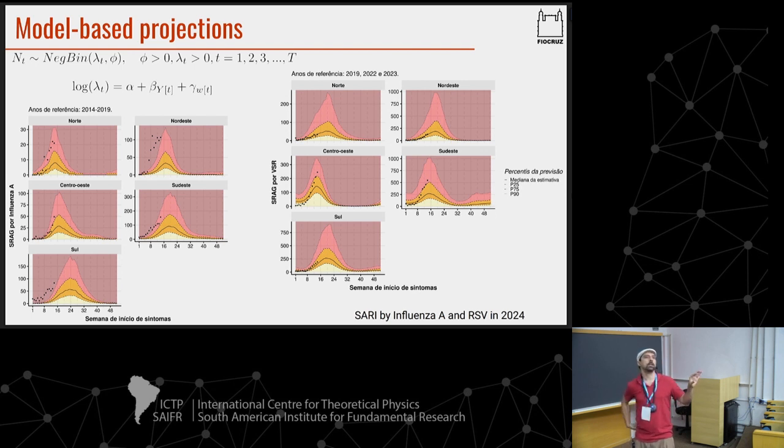So we discarded those seasons, because otherwise they would mess up our expected pattern of influenza A. We are assuming that this year, finally, influenza A is closer to the seasonal pattern we had before the pandemic, because last year it was already starting to move in that direction, okay?